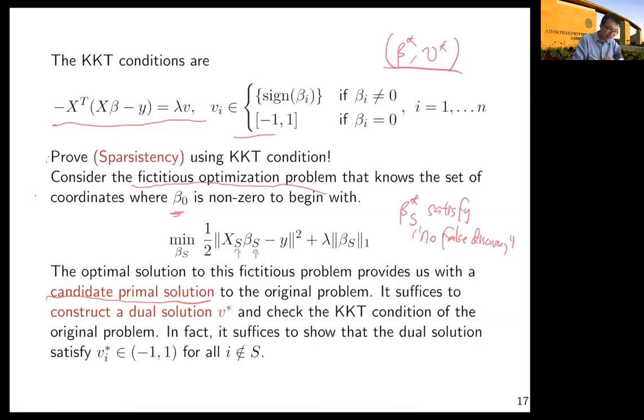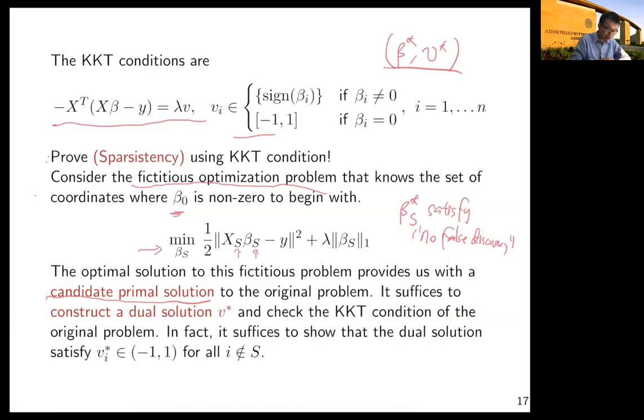And what is a candidate dual solution? We can in fact do the same trick and find the dual optimization problem for this, and that corresponding dual solution will have more or less the same kind of properties as the one we needed previously.